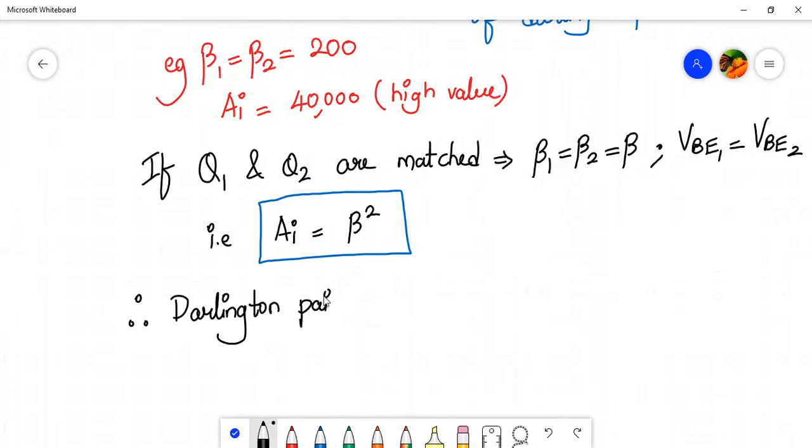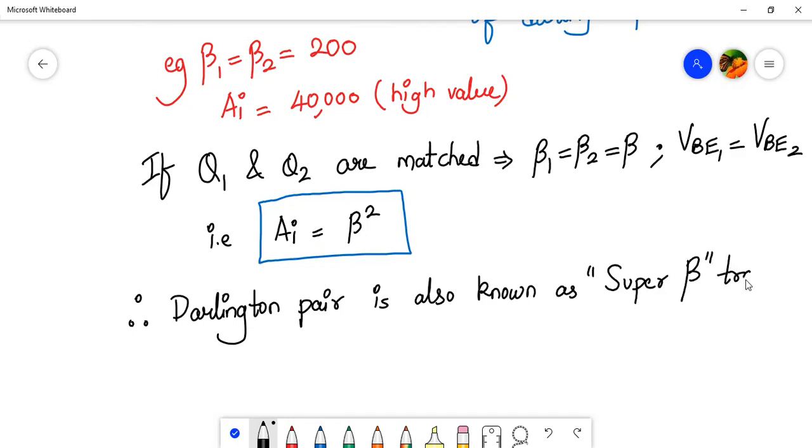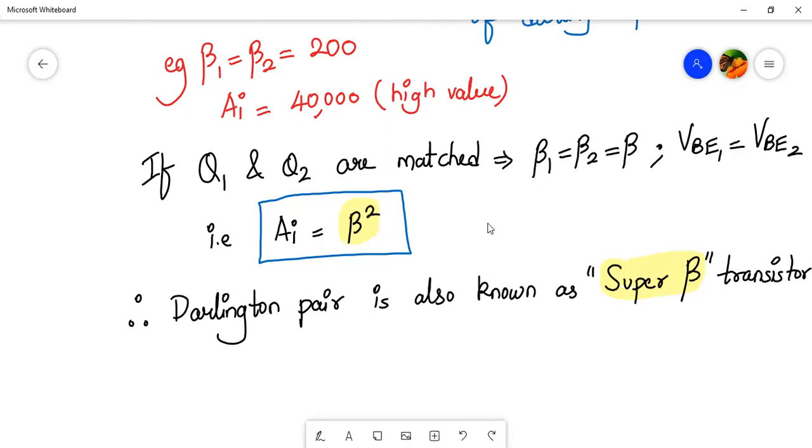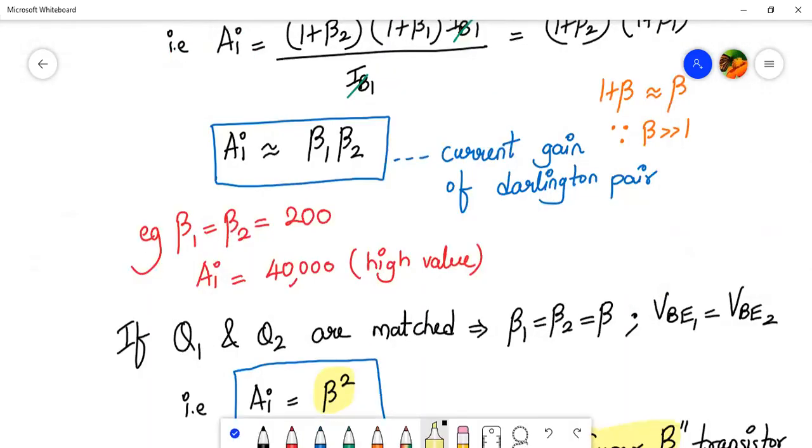Therefore, the Darlington pair is also known as super beta transistor. Let me highlight it. Let me highlight the formulas also. Yeah, so this is my current gain for a Darlington pair.